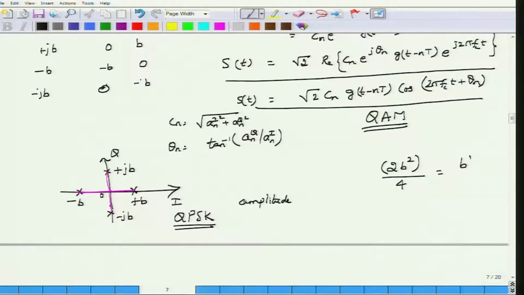So, this would be B square by 2, and if we want to normalize this energy to 1, we then have to choose B equal to square root of 2, is that correct? So, we have obtained B equal to square root of 2, or maybe I have made a small mistake somewhere, because what I was hoping to get is B equal to 1. If I look at the energy here, each of these has an energy of 2B square by 4.